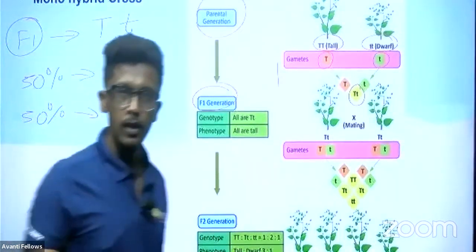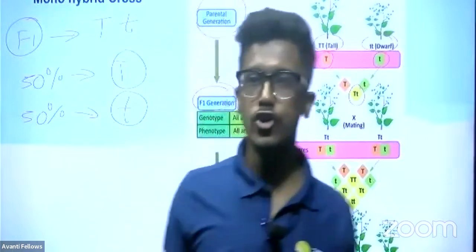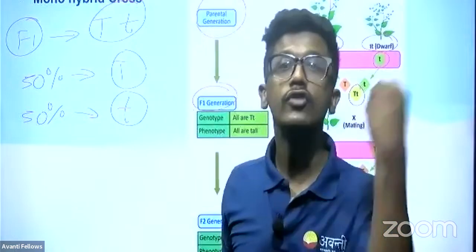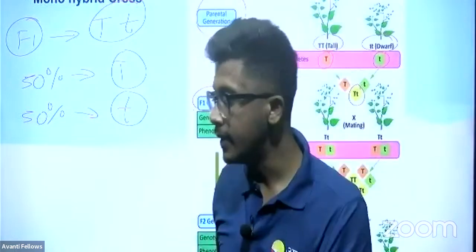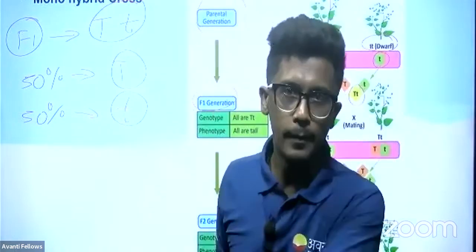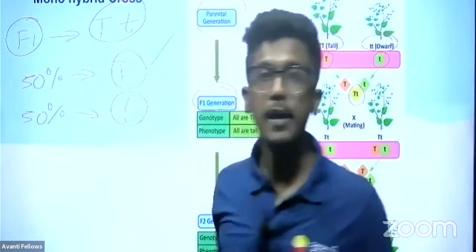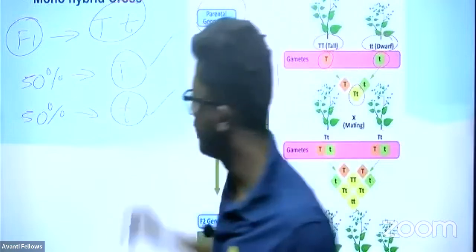Do you agree? If a plant with the genotype capital T, small t produces gametes, they might produce, out of 100% of the pollen grains, 50% with capital T and 50% with small t. As simple as that.